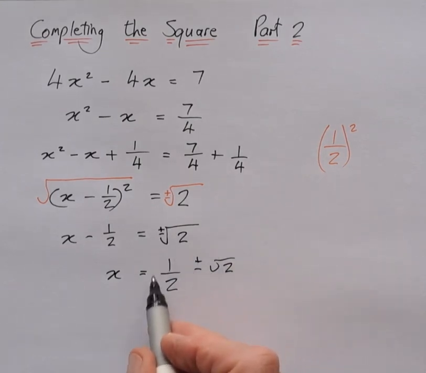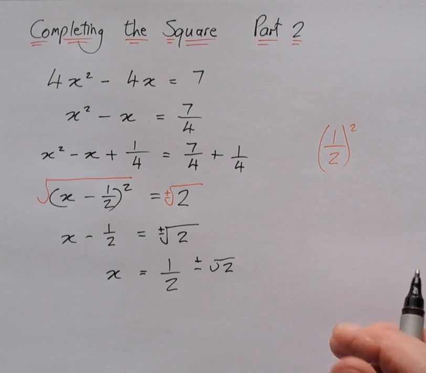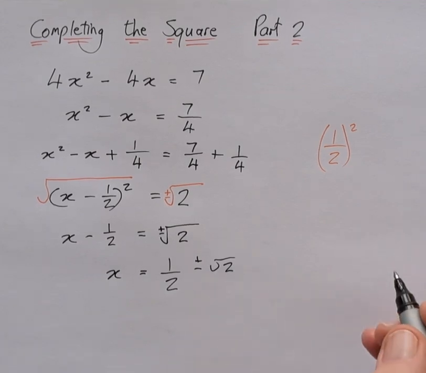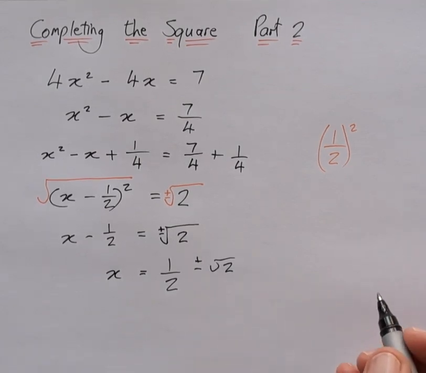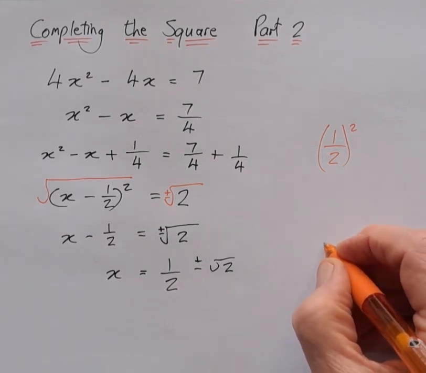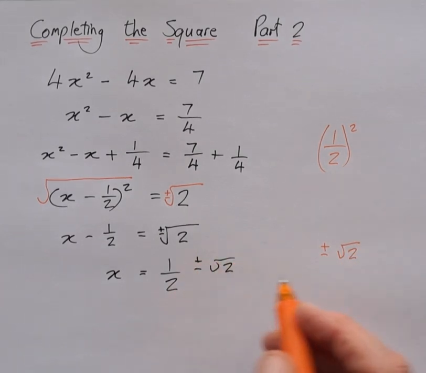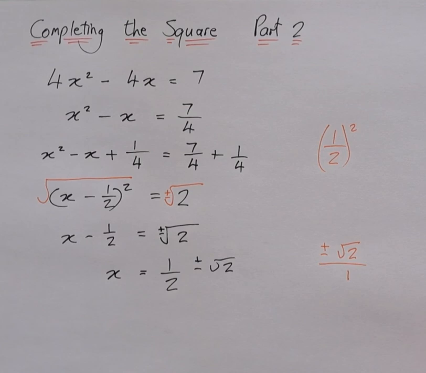Then I would like to write all of that as one fraction. It's just more consolidated, it looks better. This is the answer, but let's write it as a single fraction. So I'm going to just do a little bit of rough work here to show you what I'm actually doing. My plus minus root 2, standing as it does there, is actually over an imaginary denominator of 1.